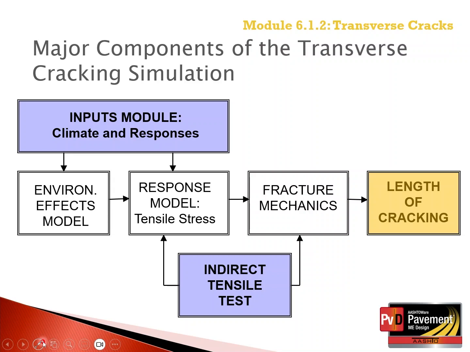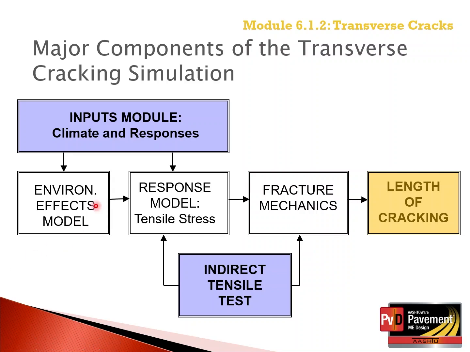The indirect tensile test performed in accordance with AASHTO T322 provides the key layer properties needed for predicting transverse cracks. The fracture mechanics approach is used in relating the tensile stress at the crack tip and change in the stress intensity factors to the length of transverse cracks depending on the thickness of the asphalt layer.